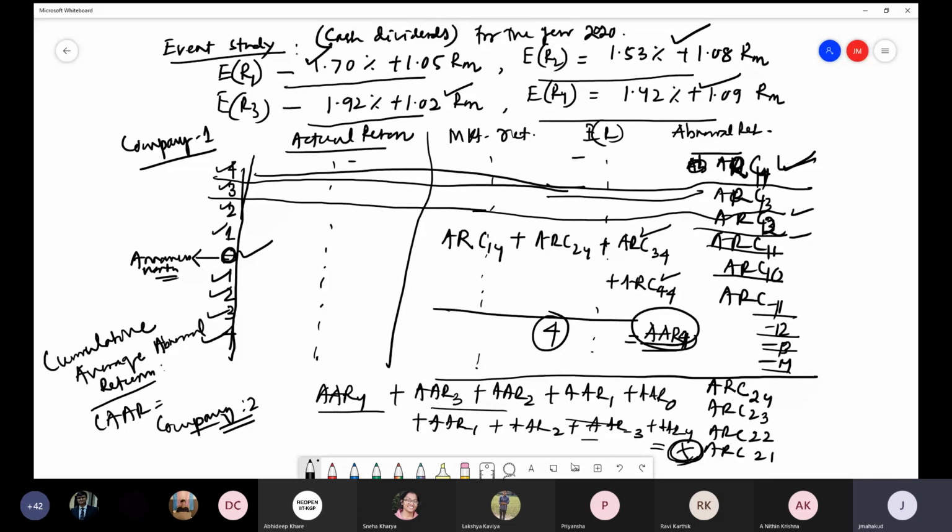If it is close to 0, then the market is semi-strongly efficient. If it is not close to 0 or it is relatively high, then we can say that the market is inefficient. This is another way we can test the semi-strong form of the efficient market hypothesis.